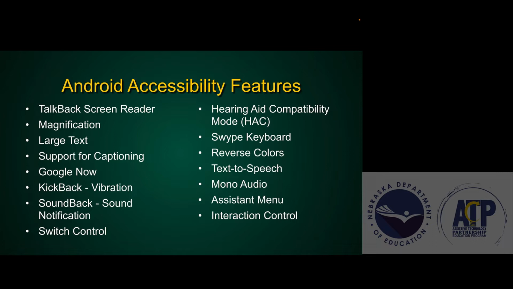From TalkBack, which is a screen reader, the ability to enlarge text and modify text. You have support for captioning. Some of the Android devices have support for switch control. Most of them have some sort of capability for hearing aid compatibility, as well as other supports.